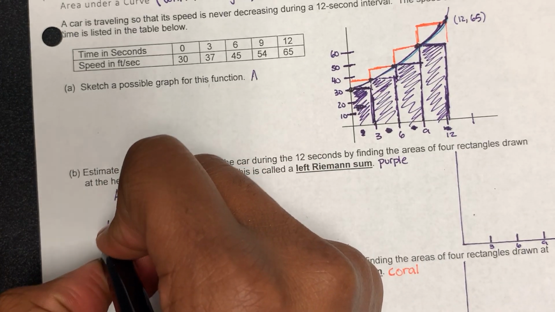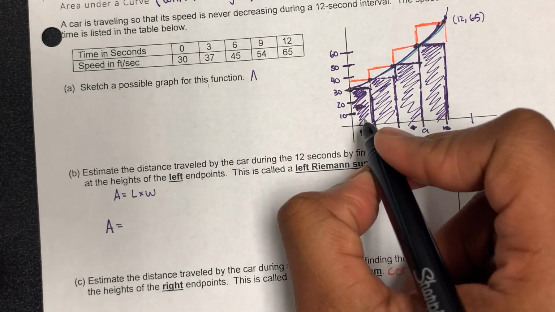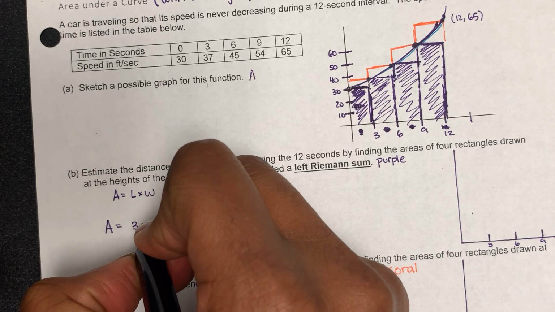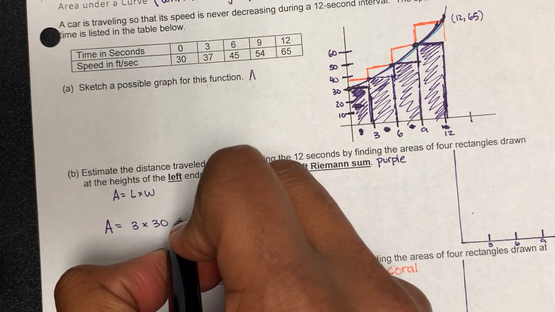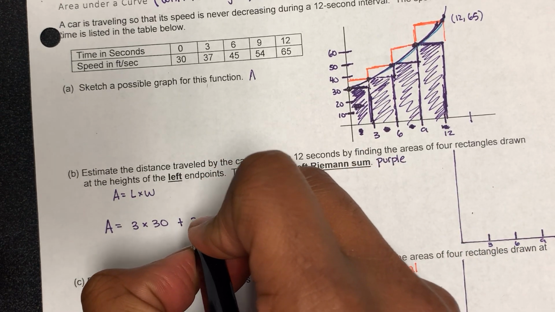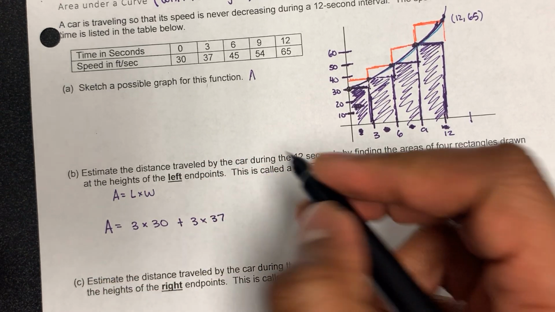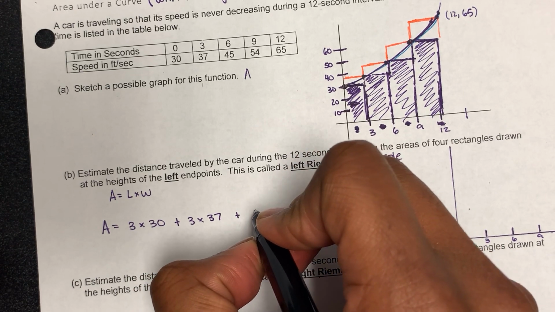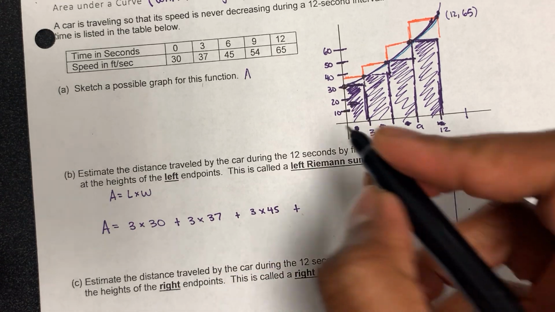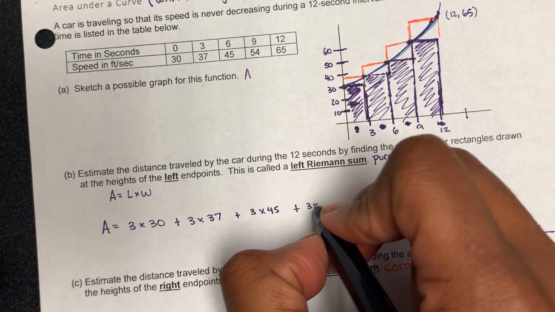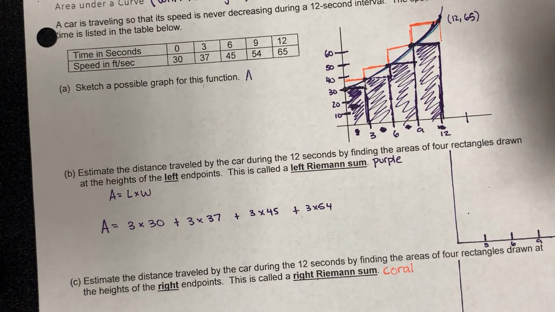So our area is, for the first rectangle, 3 times the left endpoint, which is 30, plus 3 times 37 plus 3 times 45 plus 3 times 54.